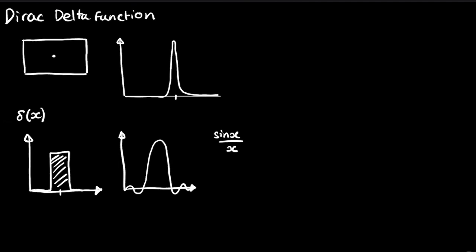But the way in which it's actually defined is not as this infinite spike at this one point. The way in which it's defined is that the area underneath a delta function, so this area right here, is always 1.